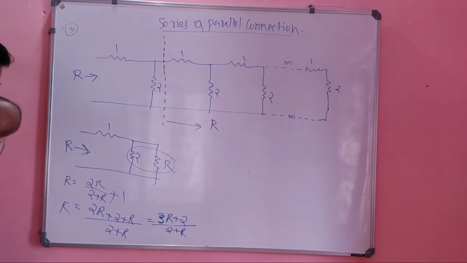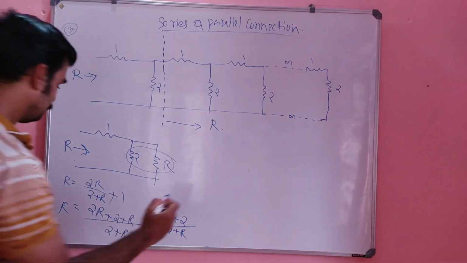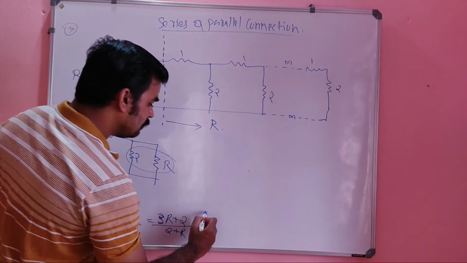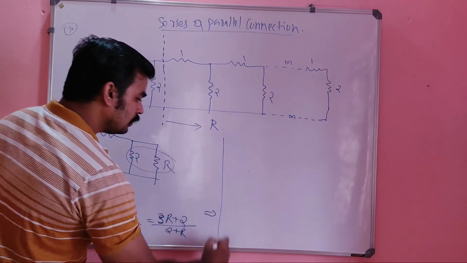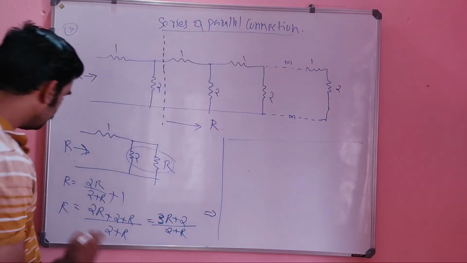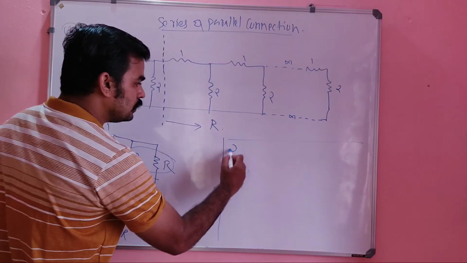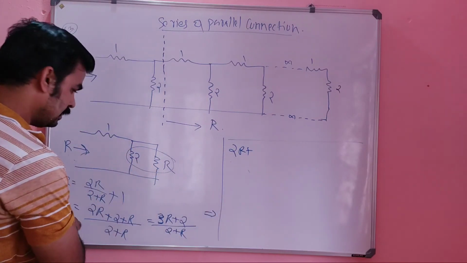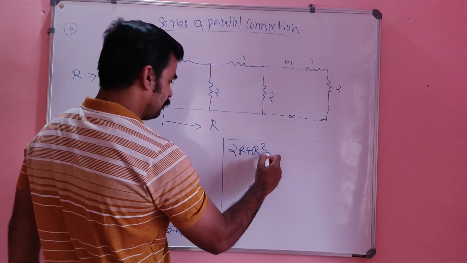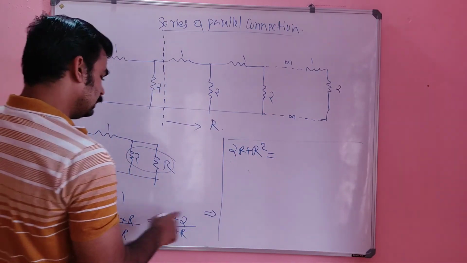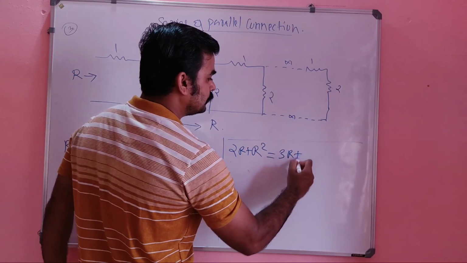Multiplying and rearranging the equation, R into 2 plus R is equal to 2R plus R square, equal to 3R plus 2.